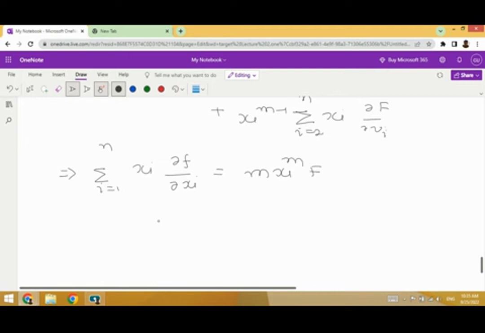So it is nothing but m f of x1 raised to m comes inside of capital F and we get small f of x1 x2 up to xn.